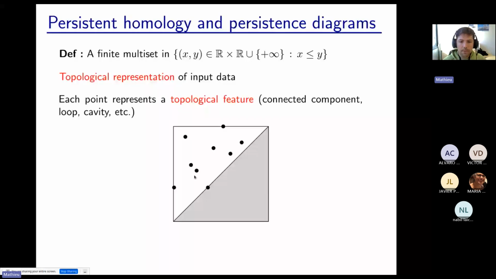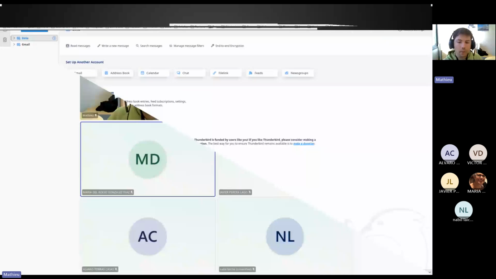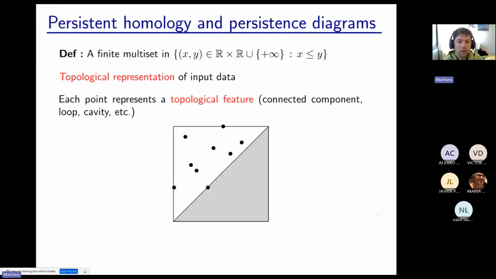This object really in itself just takes the form of a point cloud in 2D. Every point represents the presence and the size of a topological feature, which can have different dimensions: in dimension 0, it can be a connected component, or a loop or cavity, etc.